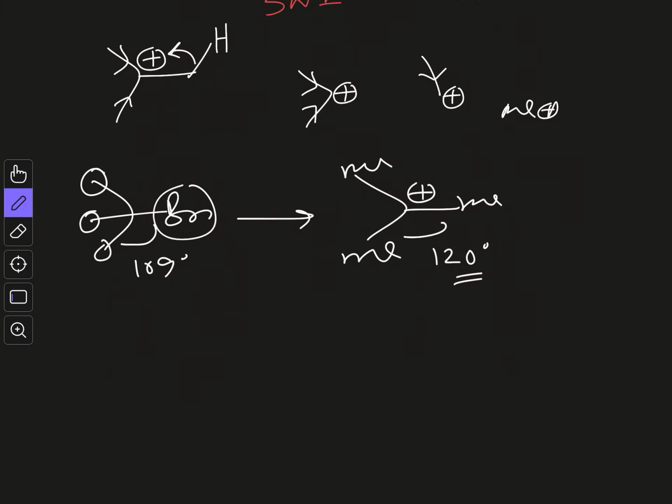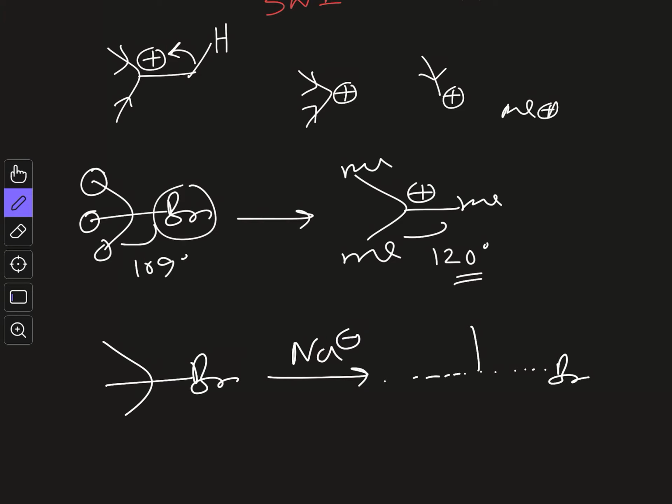Similarly, one point I forgot to mention is why this substrate is bad for the SN2 reaction. If we imagine that it will undergo an SN2 reaction, how will the transition state look? It will look something like this: the nucleophile, one methyl group, another methyl group here, and all these groups.